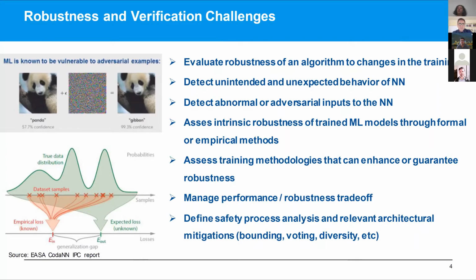So this is indeed something new, is that you will have a different system every time you train with different data, which is a new topic, and we need to evaluate all the safety challenges that are raised by this. But also we need to detect unintended and unexpected behavior of the neural networks.